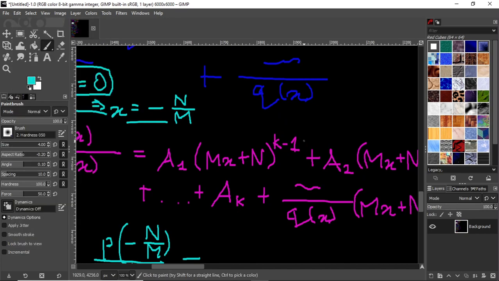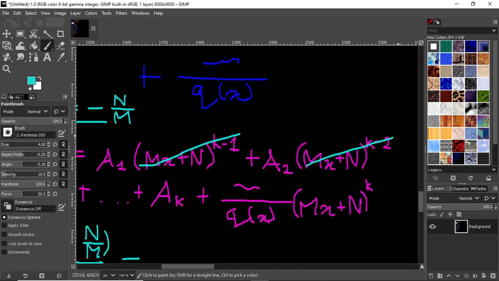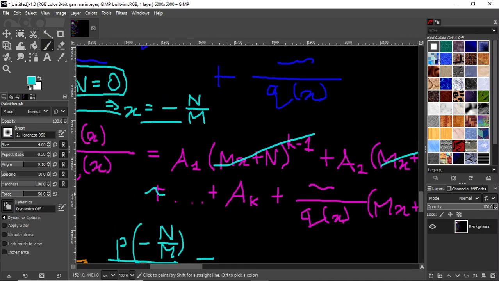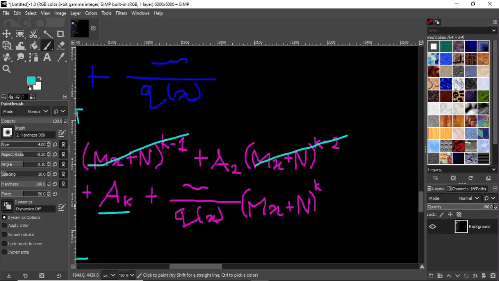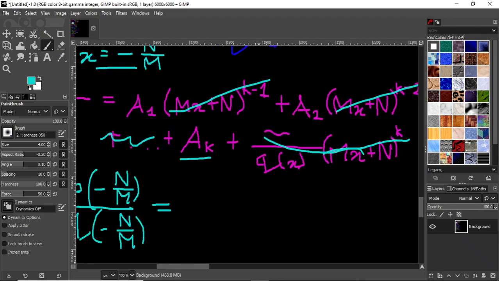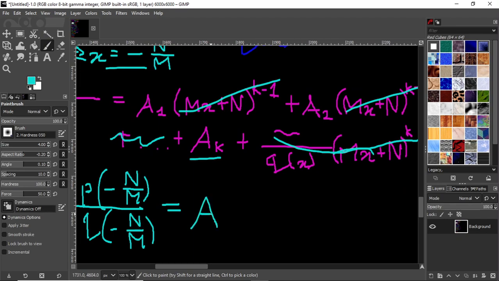This is zero to some positive power, so all of these are going to be zero. You're going to be left with this, and this is also going to be zero. This whole thing goes out. So all that we have left on the right hand side is a sub k. Voila, this is our proof.